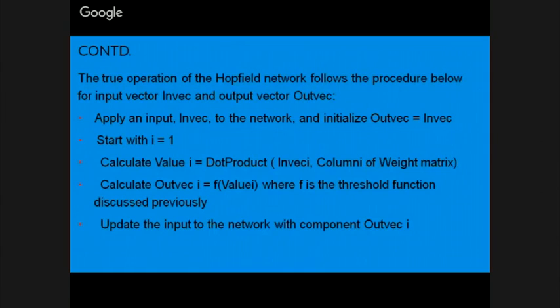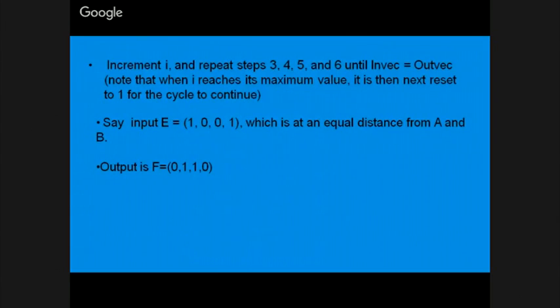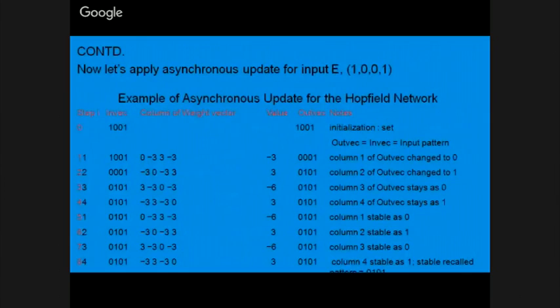Once we have determined that, it becomes the input vector, and we find out the change in the output of the third neuron. This cycle continues till there is no change in the input and output vector. Then we say that the network has stabilized. So what that means is that the actual update will be done like this.